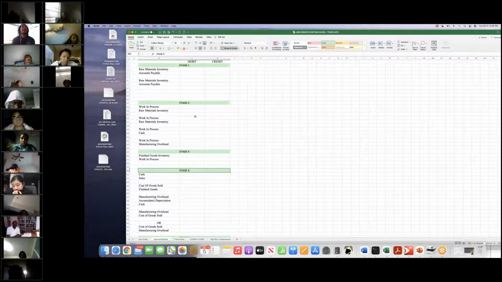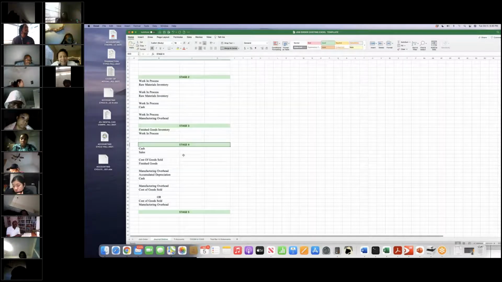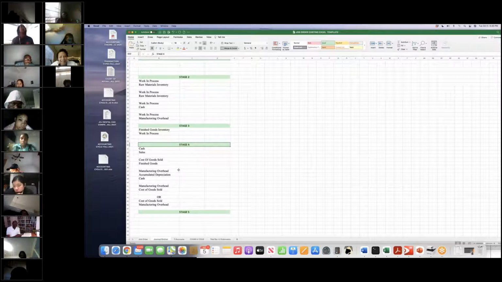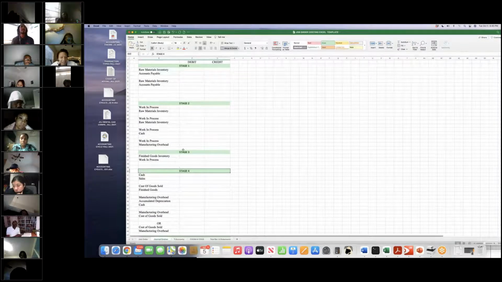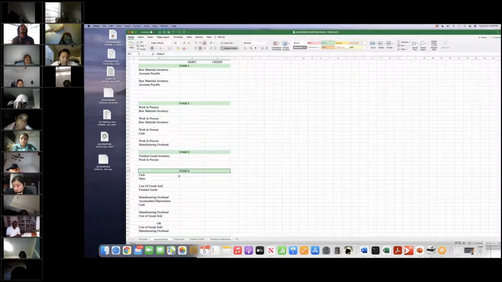That's the goal, to work on it, then transfer it to finished goods. Then in stage 4, we sell it. And we'll do some talking about overhead, because to sell an item, we need a selling price. We've got to estimate the overhead. So we estimate the cost, but we come back in here and put in the actual cost. These steps do not change.